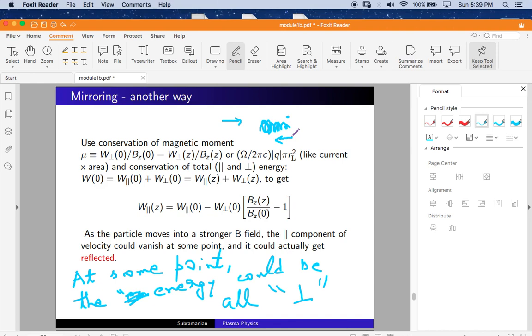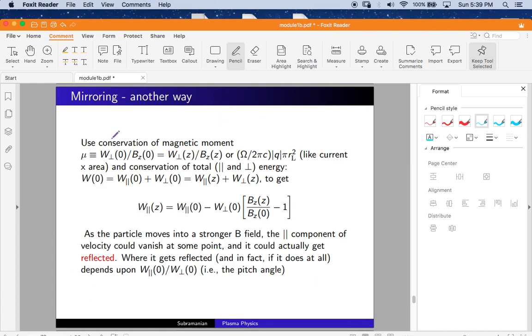This is always possible because nothing is ever completely quiet. So even though the parallel velocity technically goes to zero, there can be a tiny little kick, in which case the entire thing reverses. The gyration keeps slowing down as you go this way, at the expense of the parallel velocity, and so the particle accelerates on its way back, and so this would be the mirror. So it could actually get reflected.